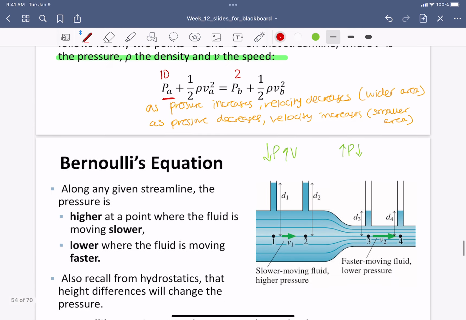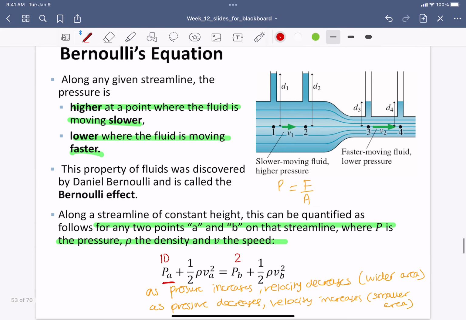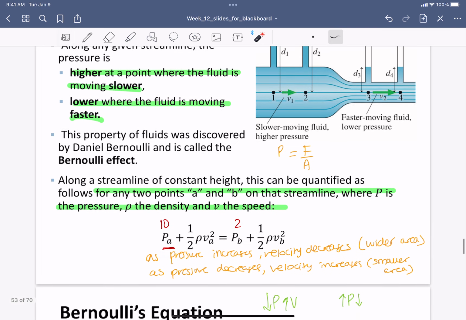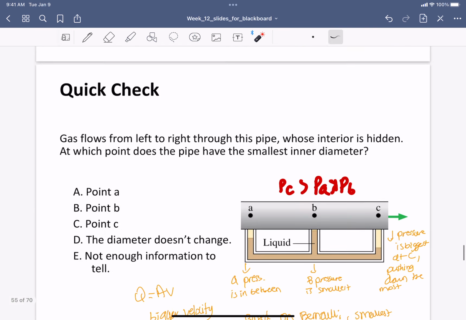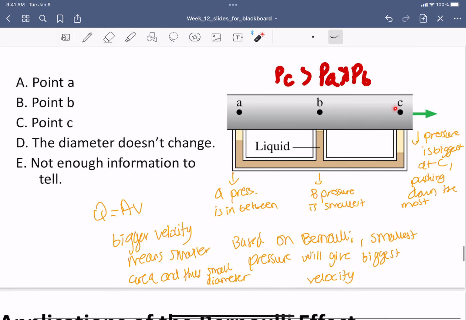Yeah, based on Bernoulli's principle. So this is kind of going back to this part here. Highest pressure is where the fluid is moving the slowest, right? Or the gas is moving the slowest. So if this is the highest pressure at point C, this is actually moving the slowest.